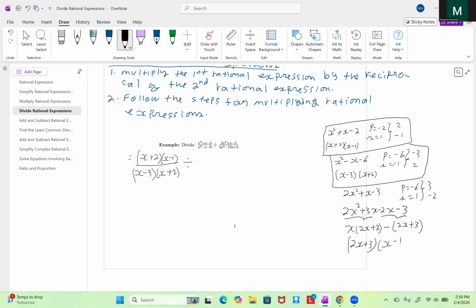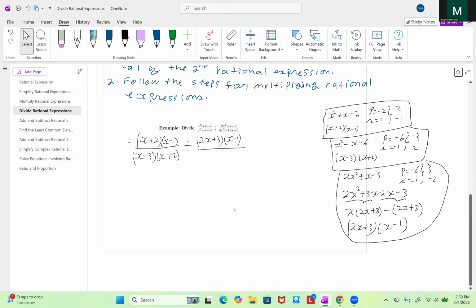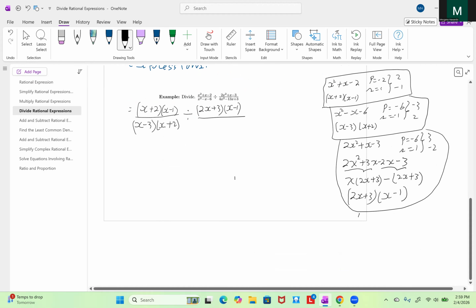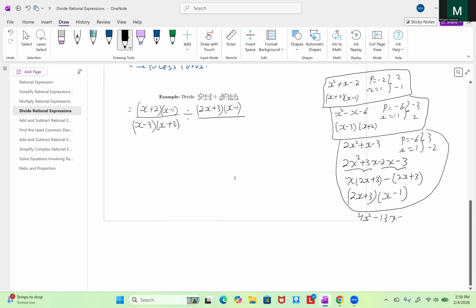So the numerator factored into 2x plus 3 times x minus 1, over, we need to factor the denominator, 4x squared minus 13x plus 3.